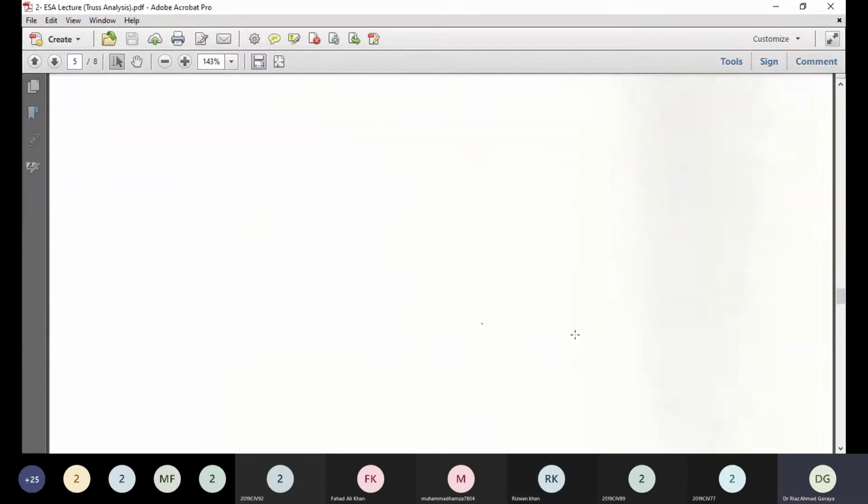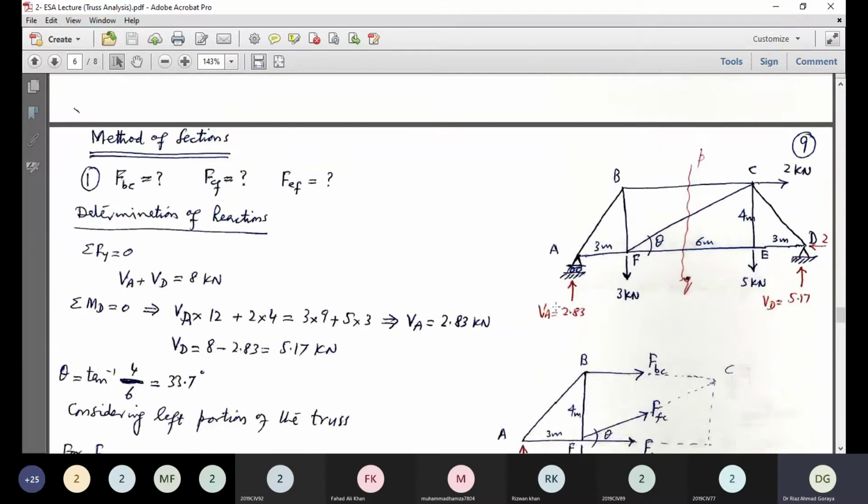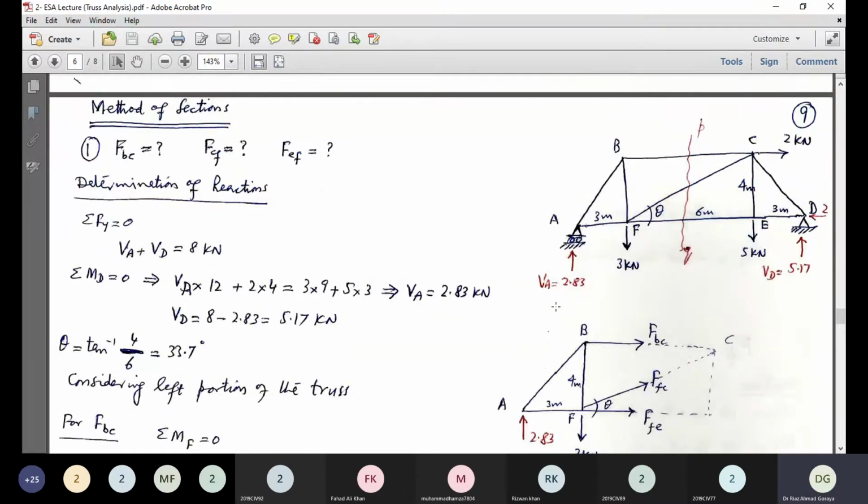So this is the first problem. Now, in this truss, which is a simply supported truss, having a roller support at A and a hinge support at D, it is required to determine the member force in member BC, then member CF, this inclined member, and in member EF.